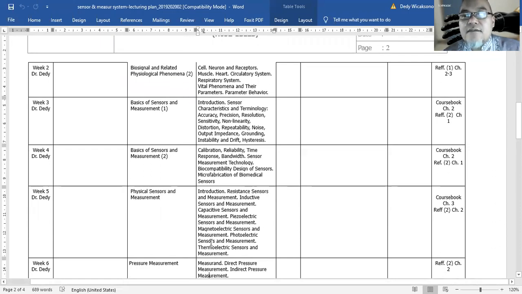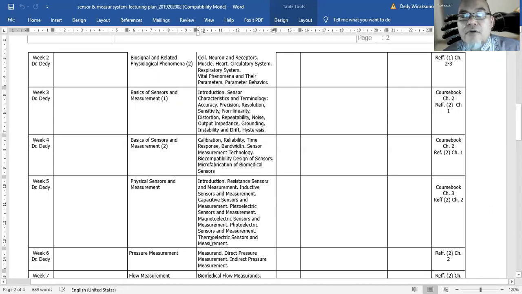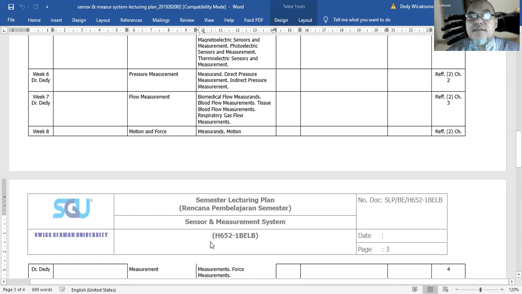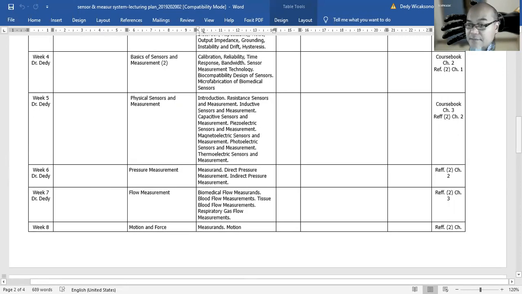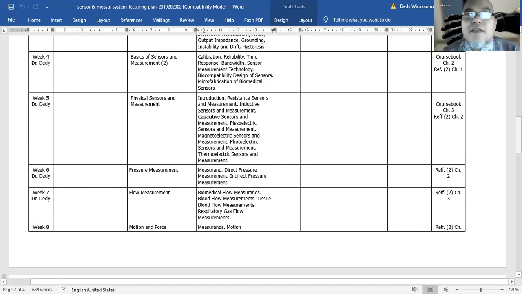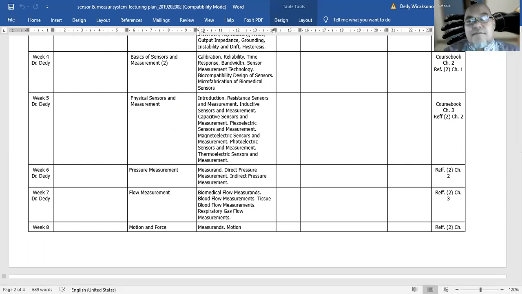Then after that, we learn the individual types of sensor based on the energy domain that they are working with, or information domain. What information are they tackling? For example, in physical sensors and measurement, the introduction of resistance sensors, meaning sensors that use the resistive principle, like strain gauge, thermistor.